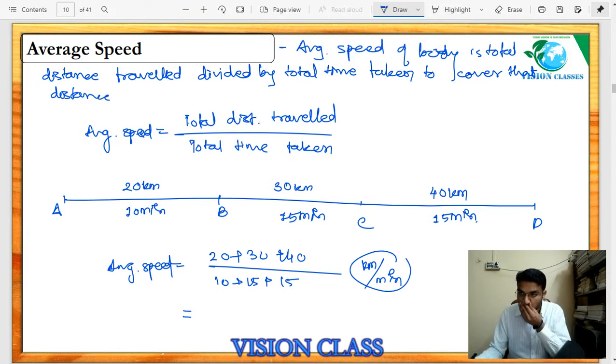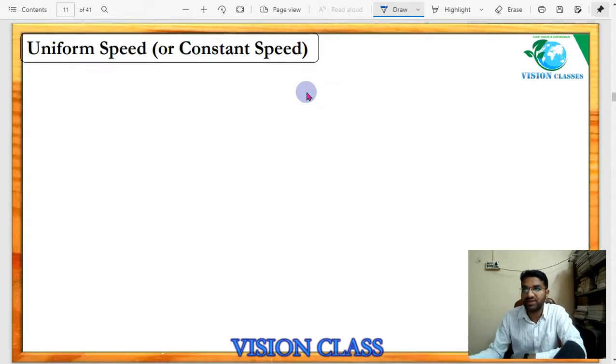Now the next point is uniform speed or constant speed.